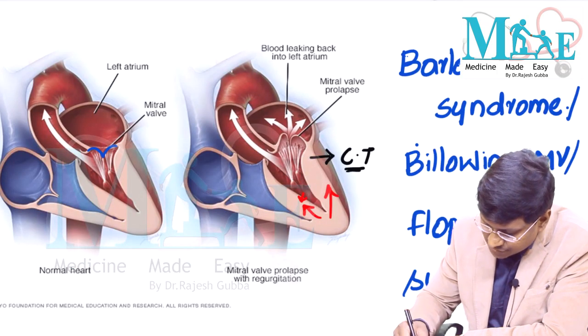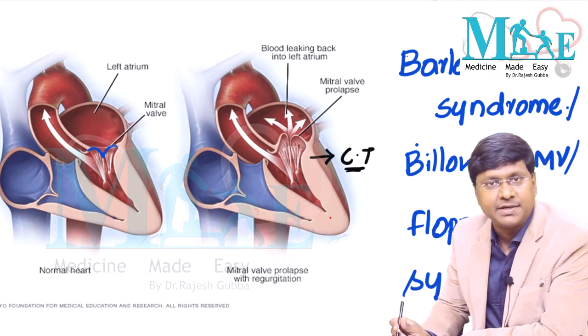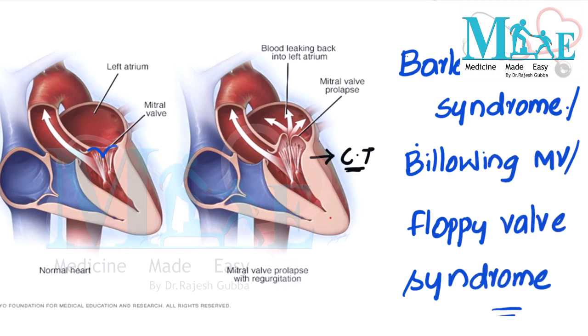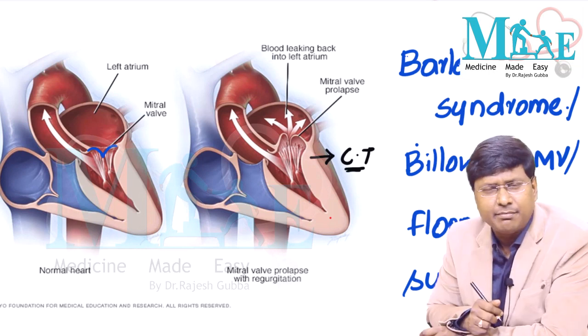Now you see here, let me answer why they have that particular multiple clicks. Now you take this chordae tendineae. You have multiple chordae tendineae which are attaching to both the mitral valve leaflets.